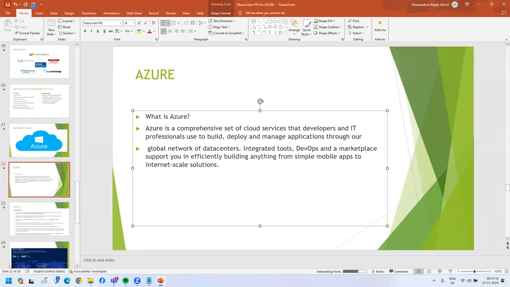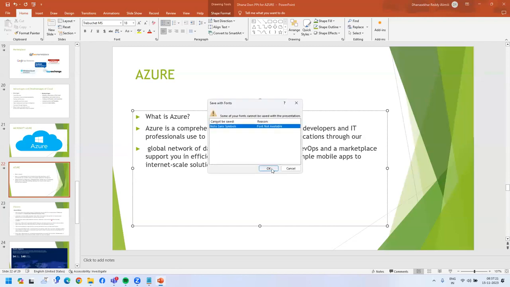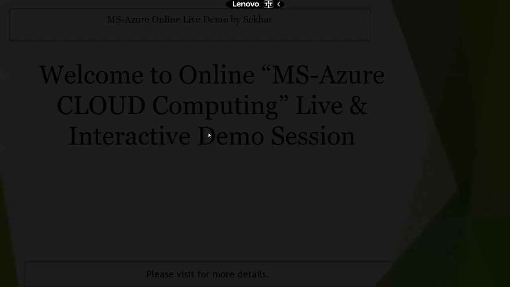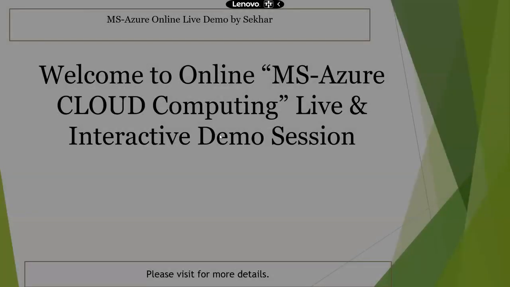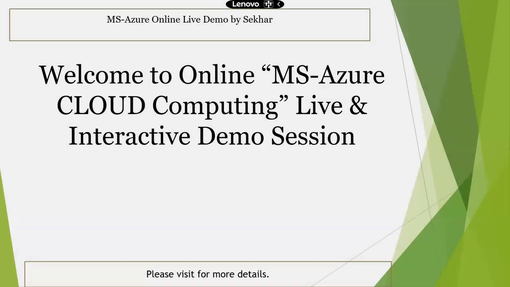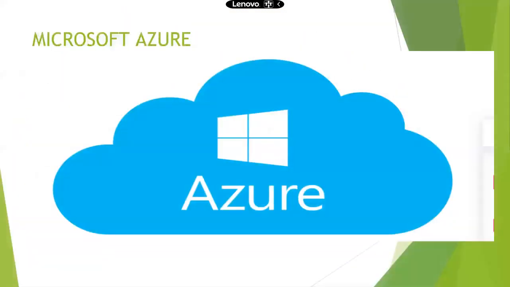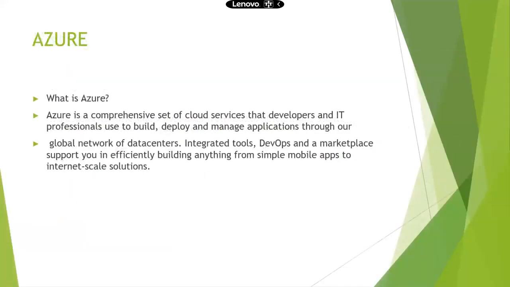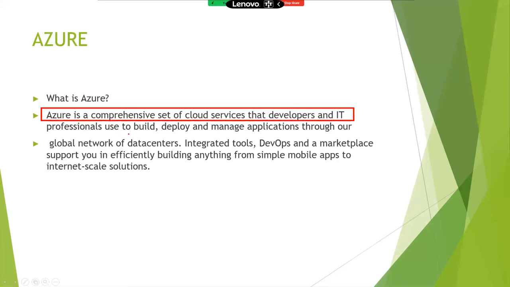If you go for Microsoft Cloud, Microsoft has its own data centers around the world, around 140 countries. Azure is a comprehensive set of cloud services where we can build, deploy, manage, and access applications through global network data centers.